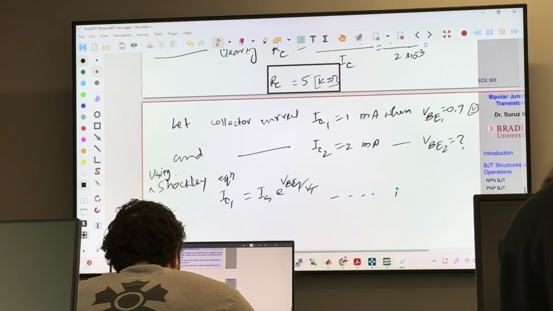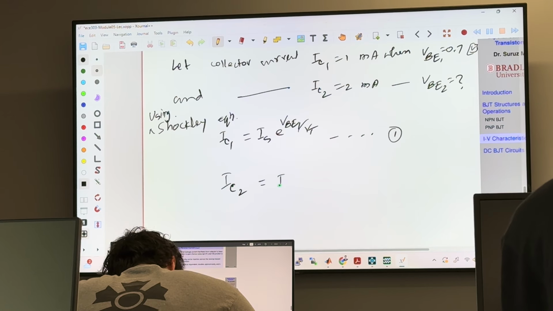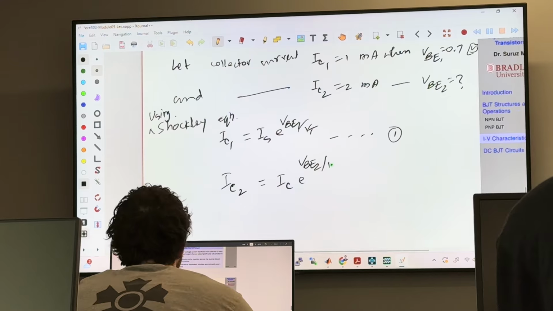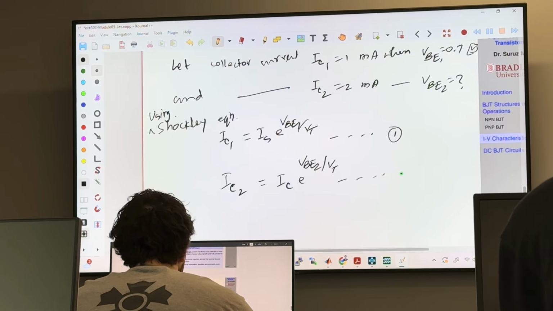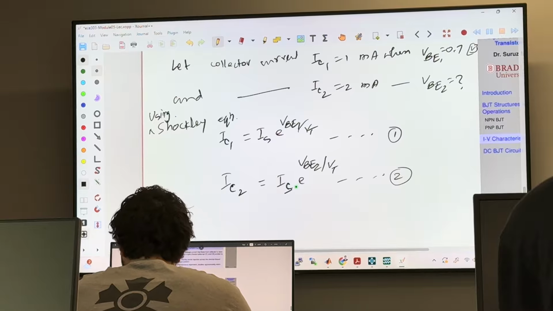Let's give this equation number 1. And IC2 is IS e to the VBE2 over VT. IS, yes, not IC.